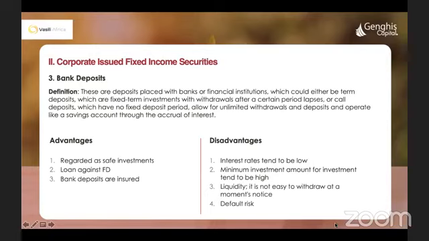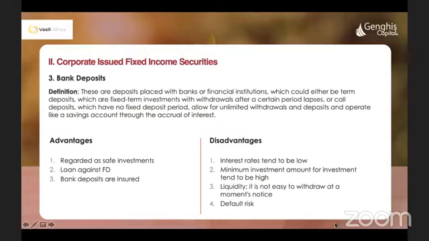Another one is just pure bank deposits. These are just money that you place with banks. Here, the level of flexibility is something you can't compare to any other instrument. You can do call, 1 month, 2 months, you can structure whatever tenor suits your investment horizon.